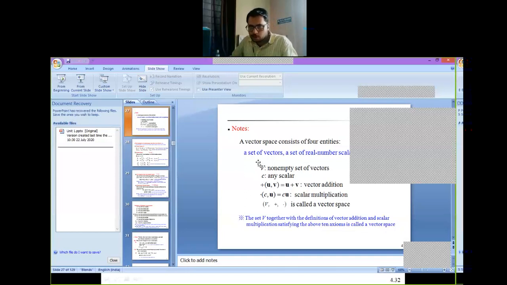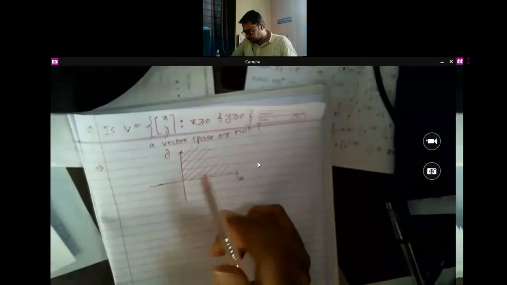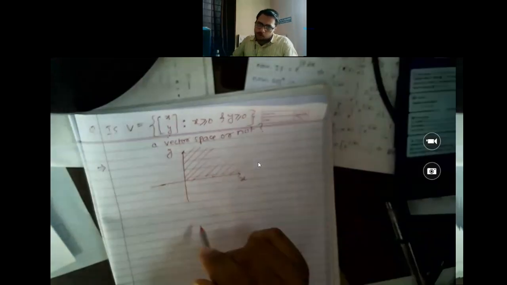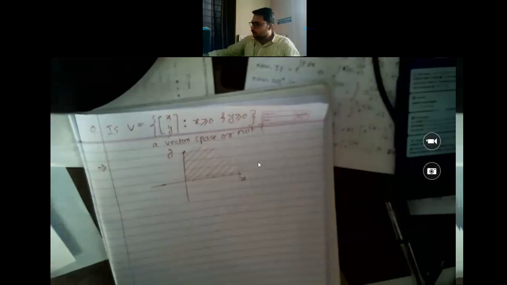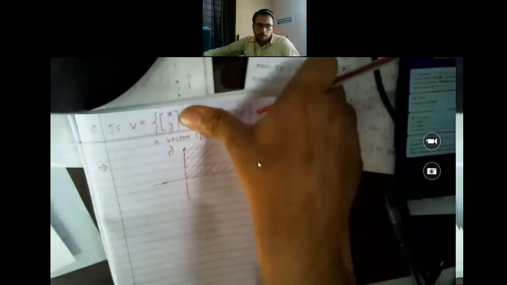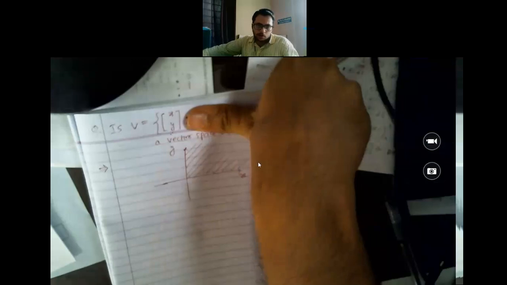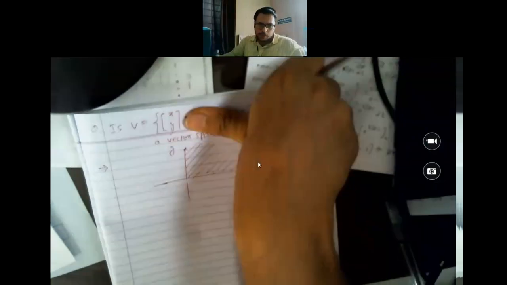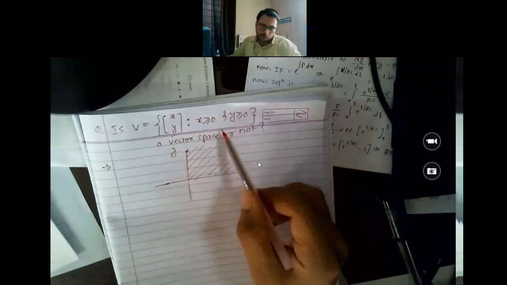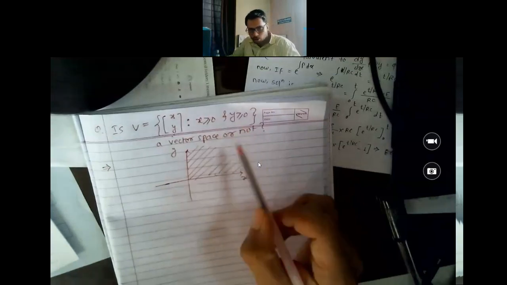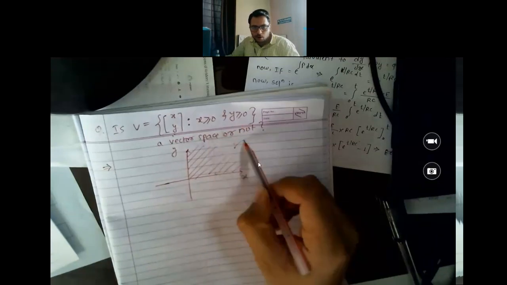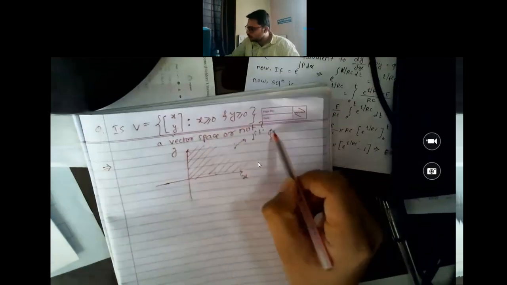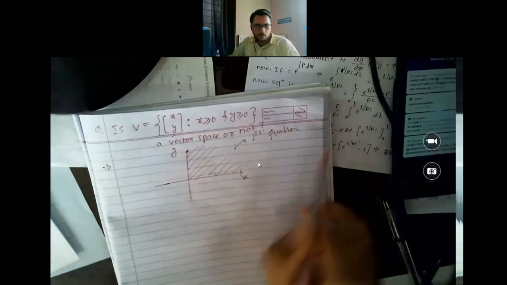If the definition were only limited to components x and y, the whole 2D plane would be there, with all four quadrants. But if it is defined such that x is greater than or equal to 0 and y is also greater than or equal to 0, we get the first quadrant only. Are you getting this?